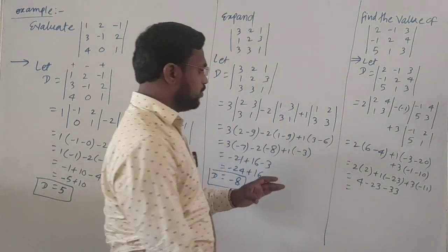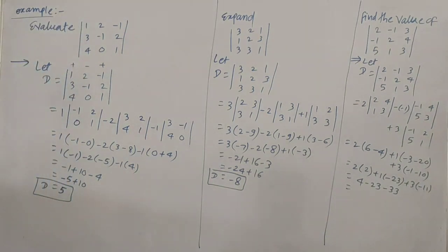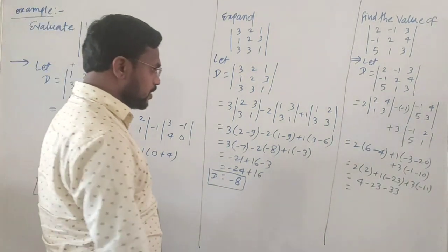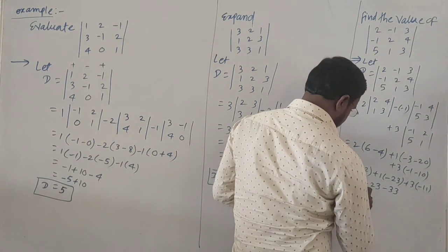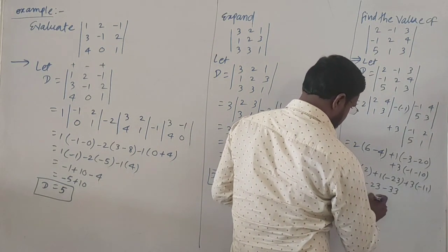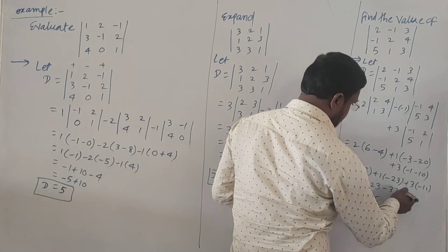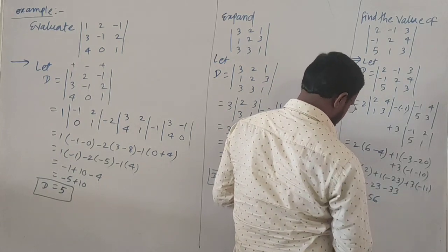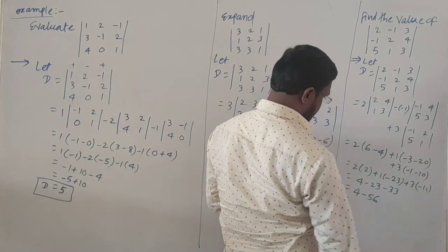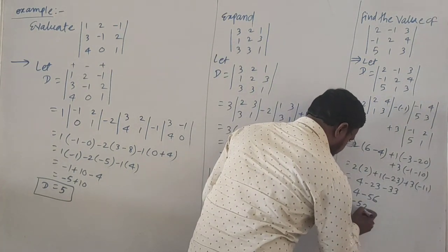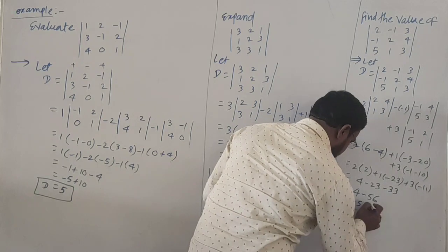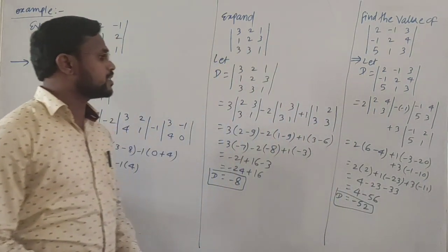Equal to 4 as it is, minus 56. Get the answer: minus 52. D is equal to -52.